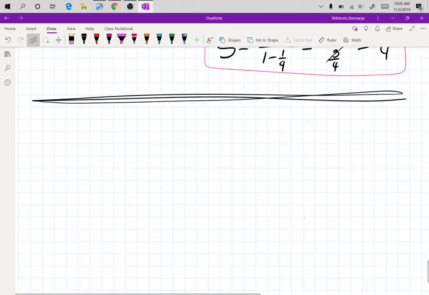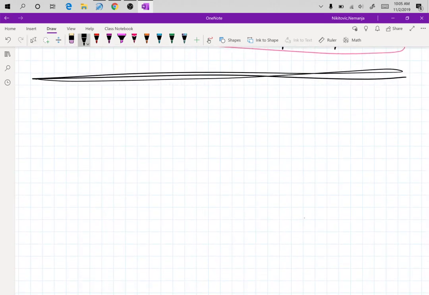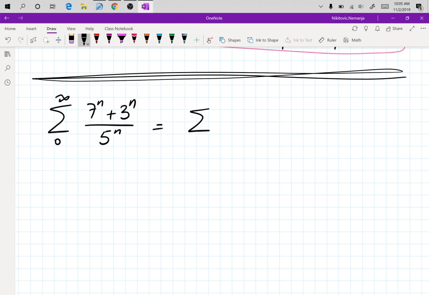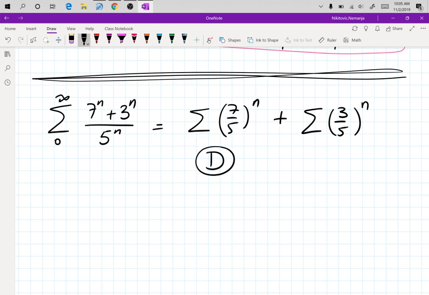So if I have a problem that has multiple series, like the summation of 7 to the n plus 3 to the n divided by 5 to the n from 0 to infinity. As soon as you split this up into the summation of 7 over 5 to the n plus the summation of 3 over 5 to the n, this is the one that blows up, right? This is the one that converges, but together they have to blow up because this one adds to infinity.